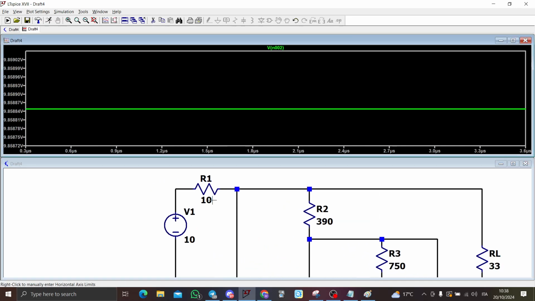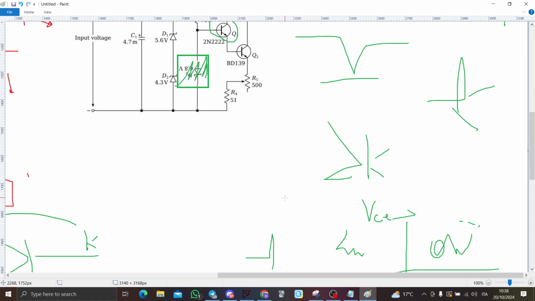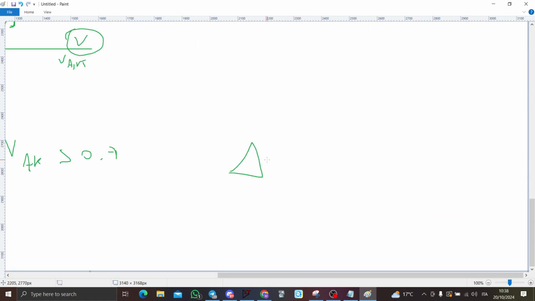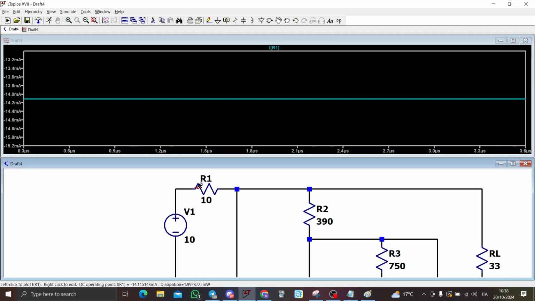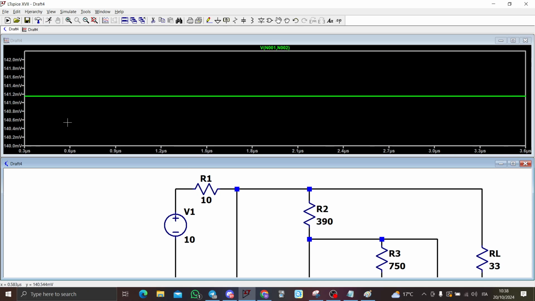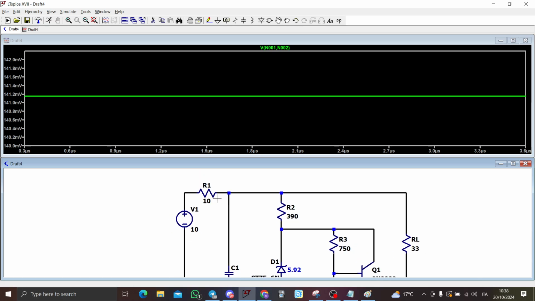Because this resistor here is giving a drop voltage delta V equal to R times I. So if there are 10 milliamperes flowing times 10, you will have the drop voltage. Here we have 40 milliamps, so naturally the drop voltage is 140 millivolts, given by this resistor.